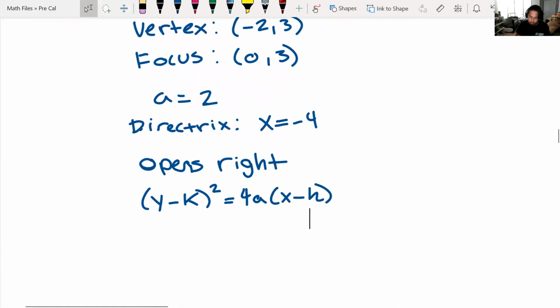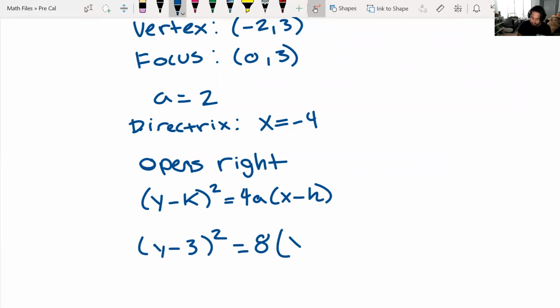So let's plug in what we know. All right, so vertex is -2, 3, so we're going to have (y minus 3) squared, because that's the k value of the vertex, equal to 4 times a. Well, our a value was 2, so we're going to get 8 times x, and if h is -2, then this is going to be x plus 2.